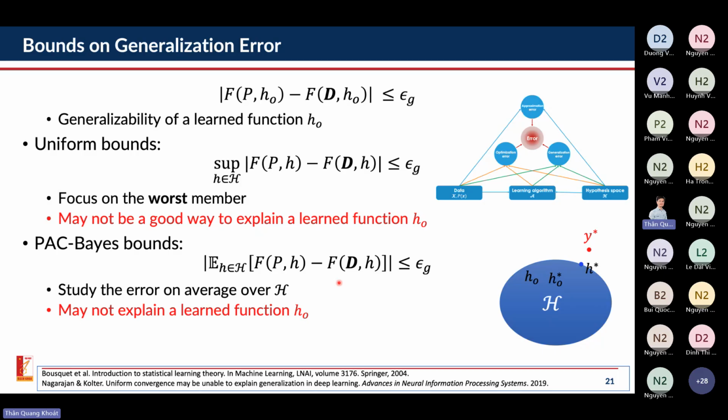The quality of one model on average, what is that? And we want to estimate that, right? So you can see that this quantity should be closer to the error of the trained model, compared with the worst member. So that's why there is a lot of recent research focusing on this quantity.